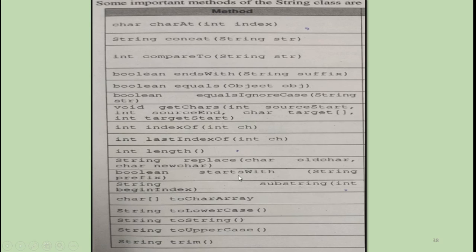Then next one, startsWith. It returns true if this string starts with the specified prefix. Then next one is substring. This function returns a new string that is a substring of this string starting from the index begin index.